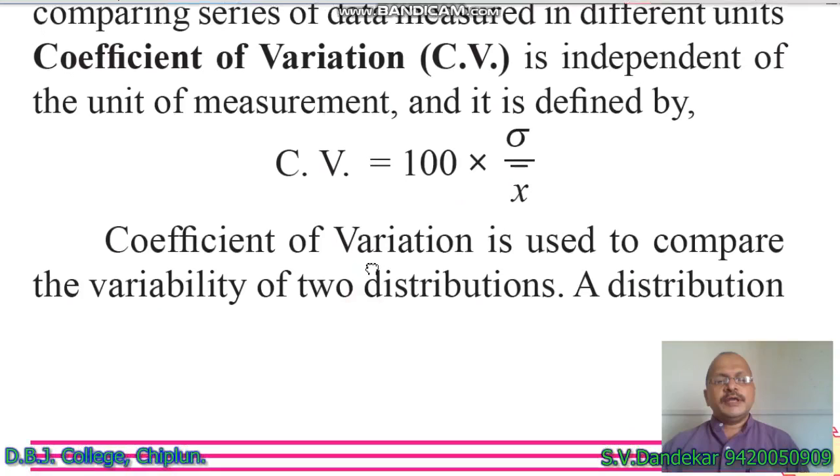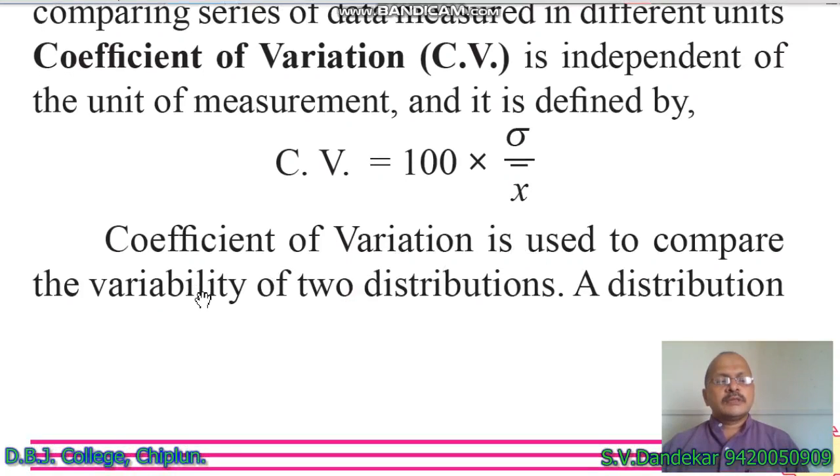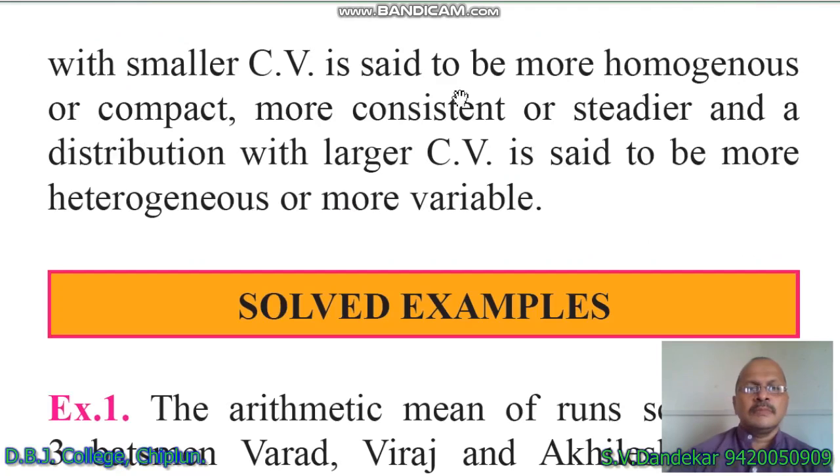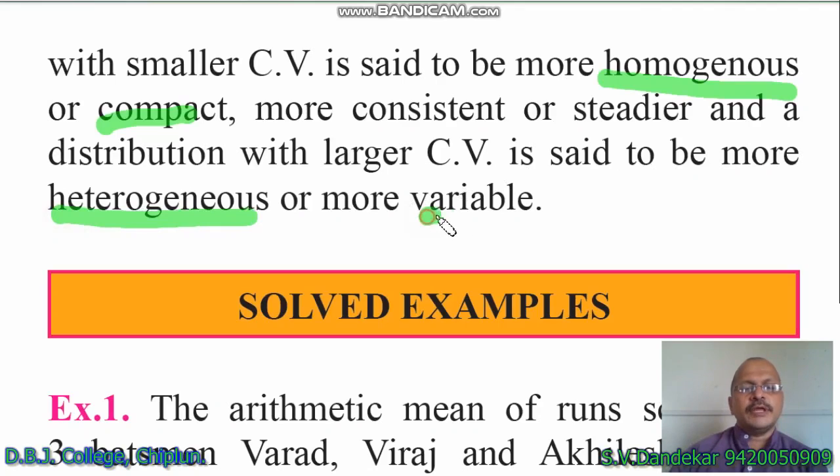The coefficient of variation is used to compare the variability of two distributions. The distribution with smaller coefficient of variation is said to be more homogeneous or compact, and more consistent or steadier, and a distribution with larger coefficient of variation is said to be more heterogeneous or more variable.